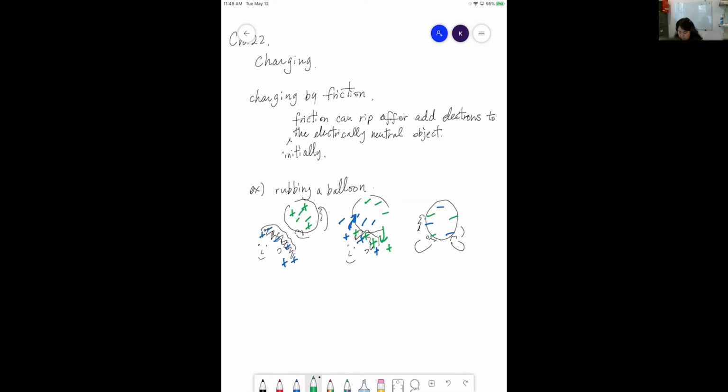So now this balloon is electrically charged by friction. For the object to be electrically charged, you need to have an excess number of electrons or a deficiency of electrons, right?